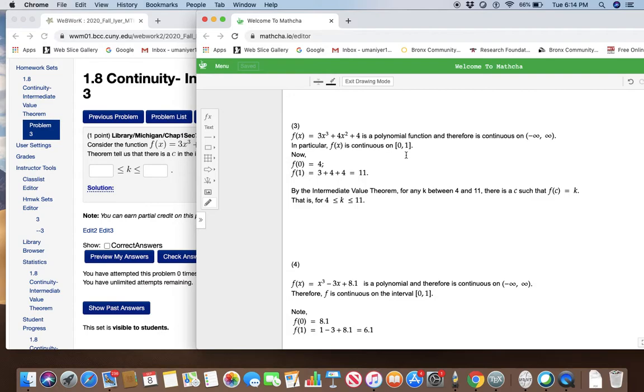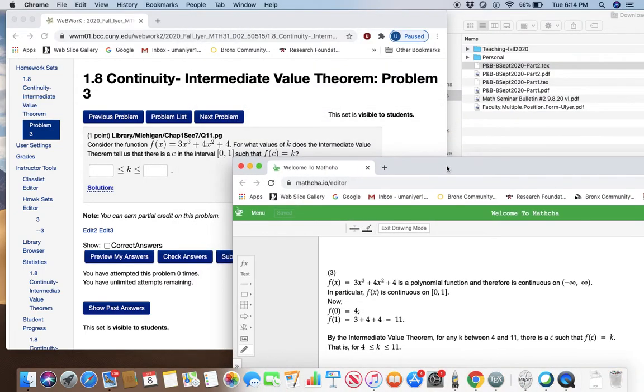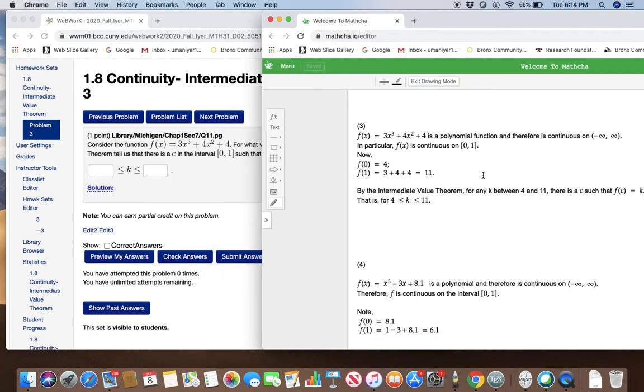In particular, my function is continuous on the closed interval 0 to 1. So what happens? f at 0, plug in 0 here. f at 0 is 4. f at 1, plug in 1 here.